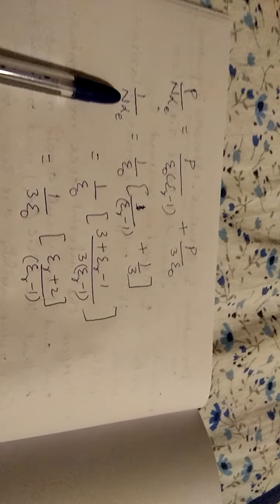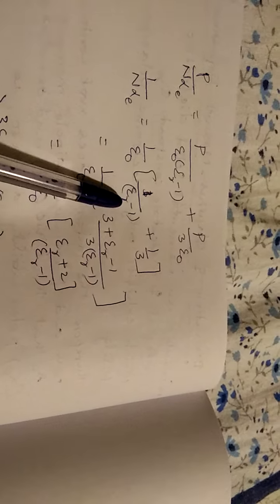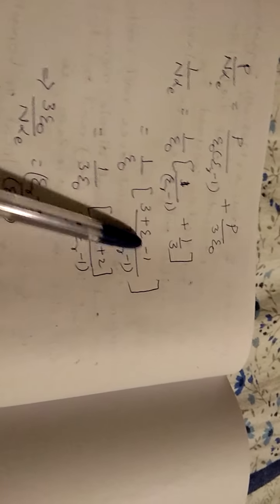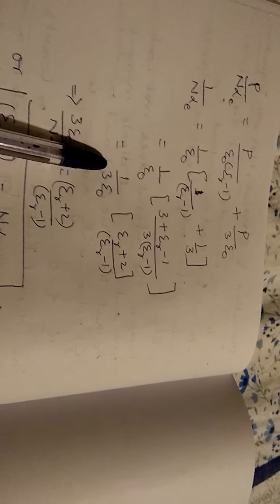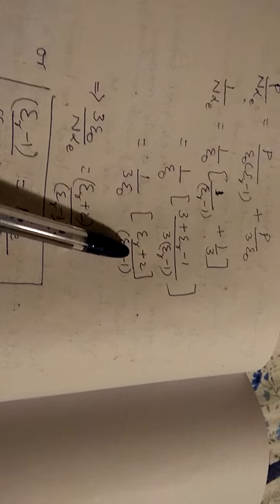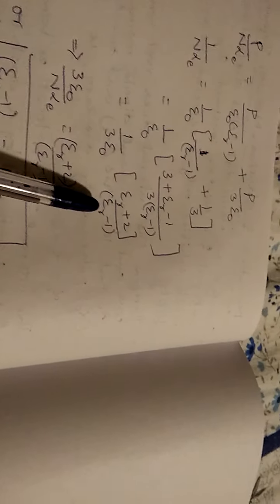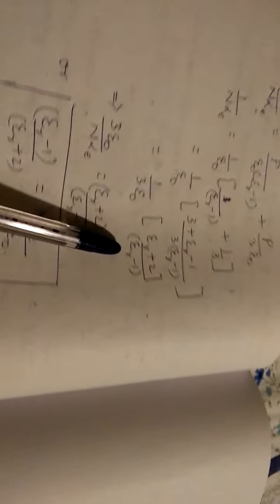So 1 by n alpha E is equal to 1 by epsilon naught times epsilon r minus 1, plus 1 by 3. You can take the LCM and simplify. So you get 1 by 3 epsilon naught, taking 3 outside, epsilon r plus 2, since 3 minus 1 is plus 2, over epsilon r minus 1.